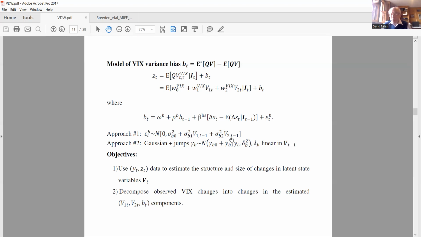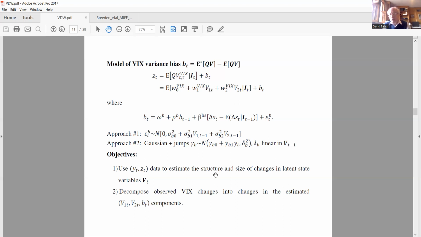Secondly, with this estimation procedure, we can decompose changes in the VIX into its various components. So VIX changes, or squared VIX changes, either because V1 or V2 change, or because of changes in the bias. And by using both VIX data and stock market return data, we're requiring that our estimates of V1 and V2 be validated in terms of some ability to capture the distribution of stock market returns.